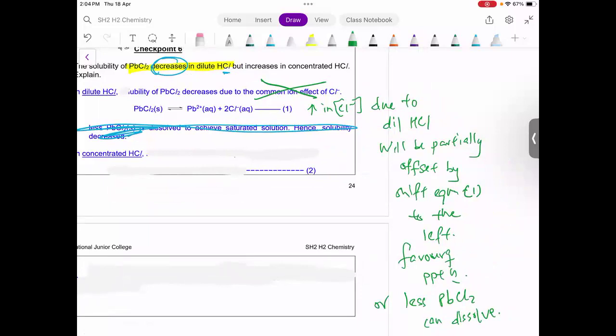So you have to bring in the Le Chatelier principle. The recognition is common ion effect, all right? But the explanation must be this.